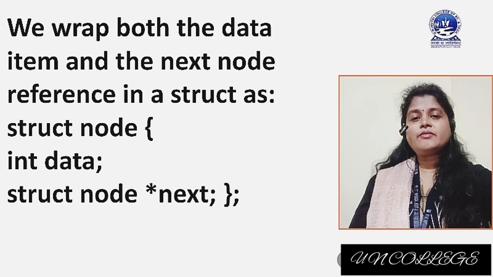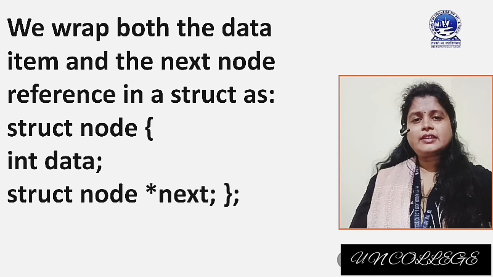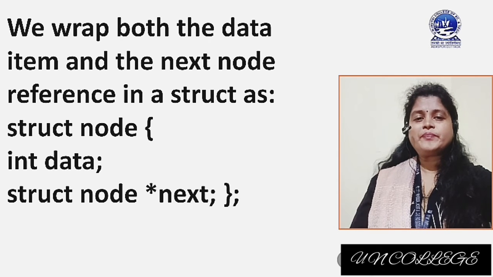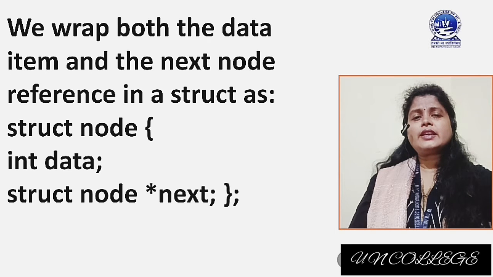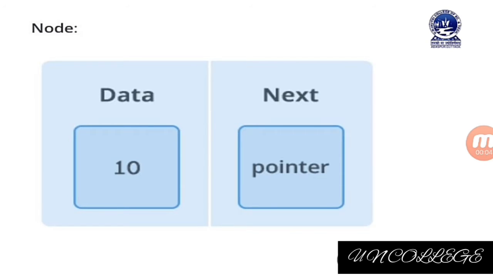Here I have used int data. Instead of int data, you may use character or float, no problem. But it is only a matter of concern that one node consists of two parts, one data part and another one address part. Here I have represented the node of a linked list in a diagrammatic manner.